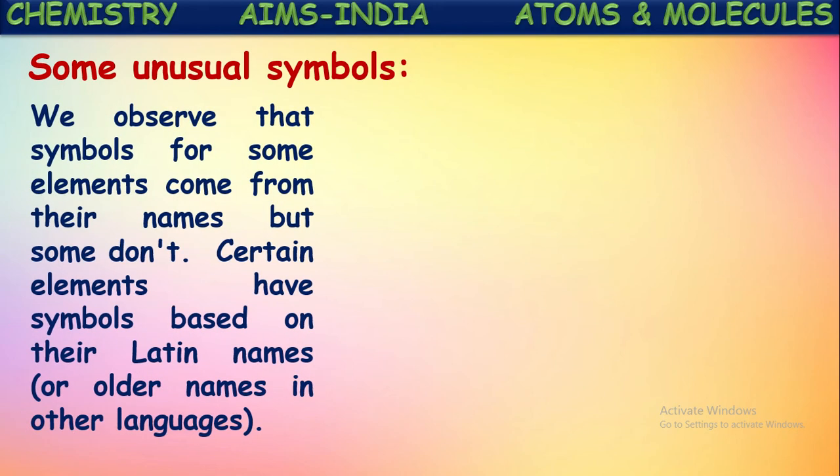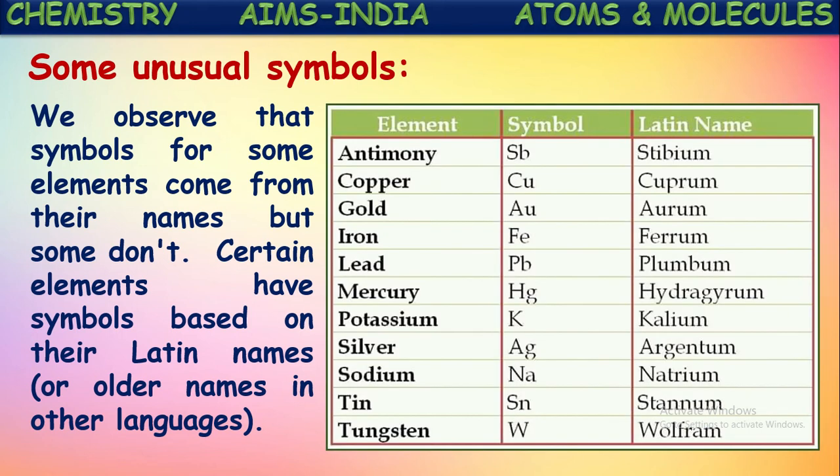We observe that symbols for some elements come from their names, but for some they don't. Yes, for some elements they are not taken from their English names. Certain elements have symbols based on their Latin names or older names in other languages. Let us see some of those elements whose symbols come from their Latin names. If you observe here, antimony.